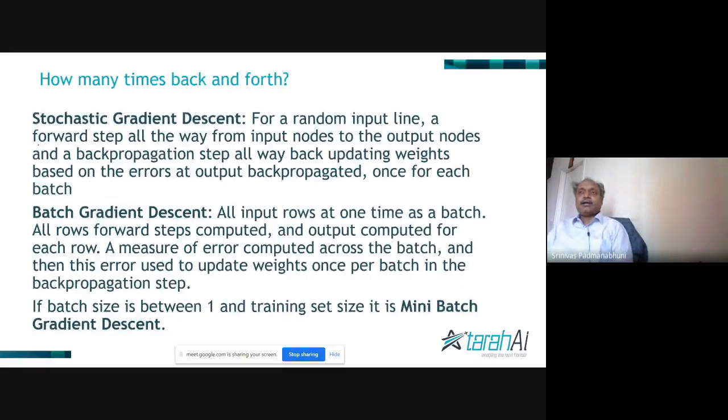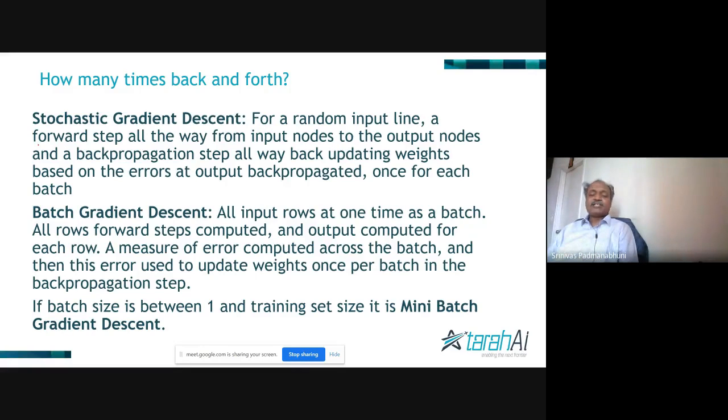But then what happens is, it is not that for every input data you run the forward step and then do the backward propagation for every input data. That becomes very costly. So what people usually do is they use a batch. Batch means you compute all the forward steps for all the input data.